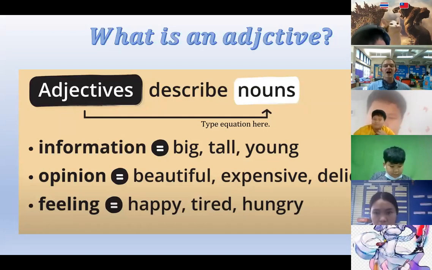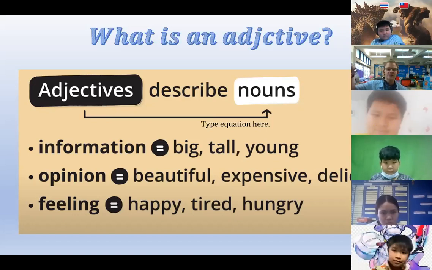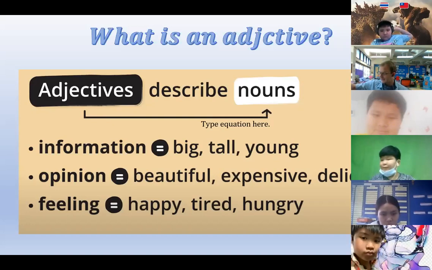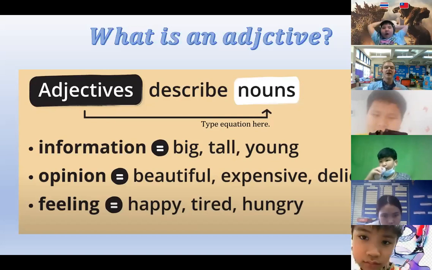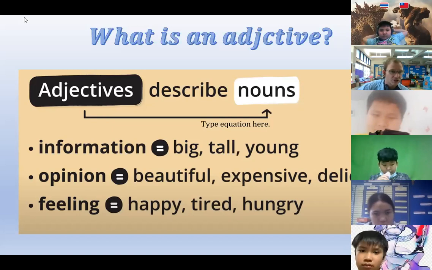A noun is either a thing, a place, or a person. If you say someone's name, that is a noun. A book is also a noun. Keys are a noun. A cell phone is a noun. A library is a noun. So it's a place, a thing, or a person.